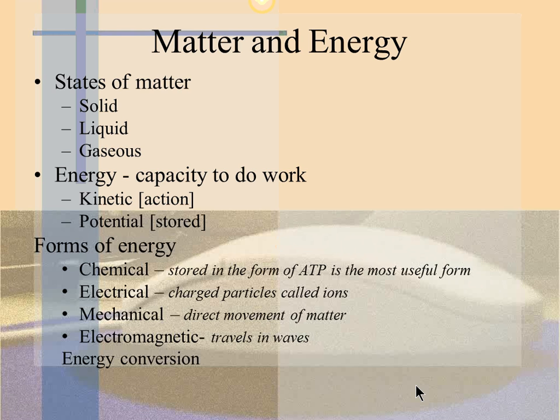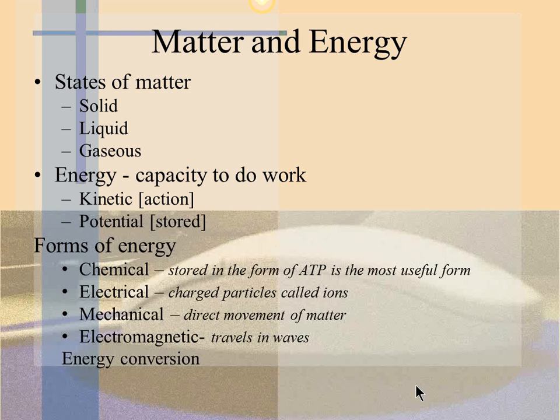For example, the batteries put inside a device which you're not using, that's potential energy, because it has the capacity to do work. When you turn on that device, those batteries give the power for that device, and so that potential becomes kinetic energy. In your body too, anything which is stored to be used later on is potential energy, and when you're actually doing the work, that is kinetic energy.